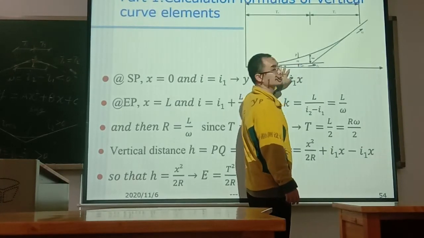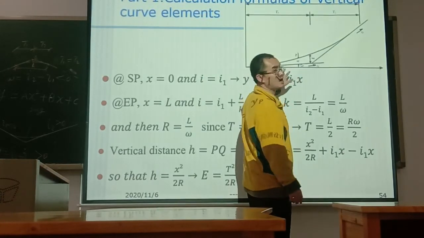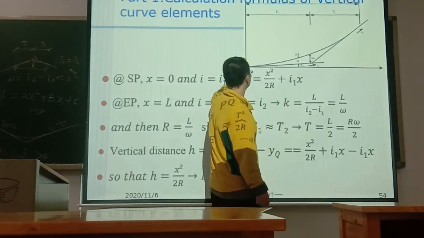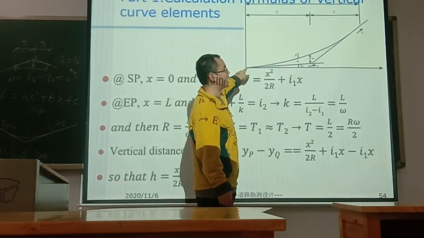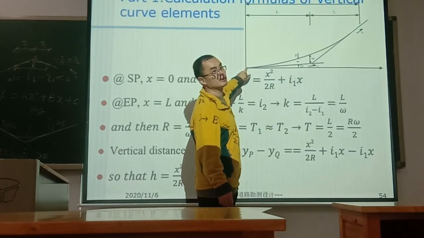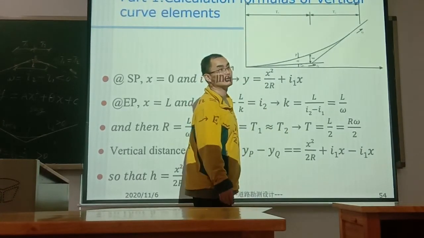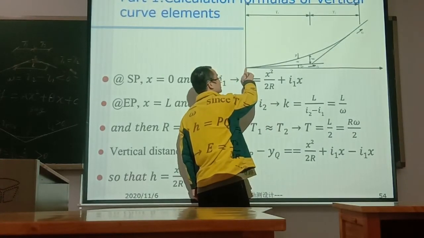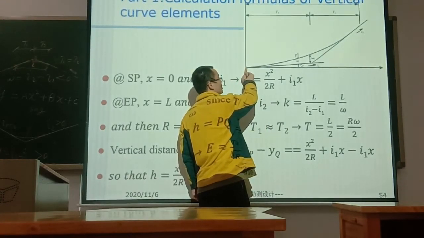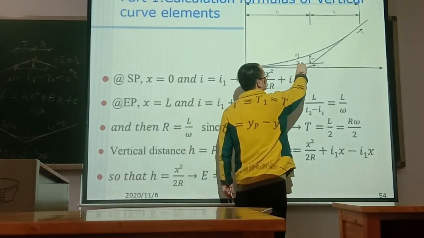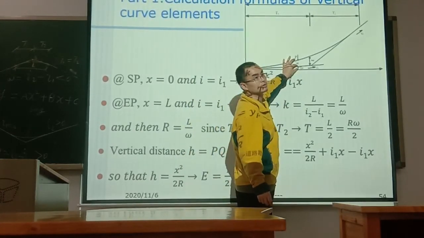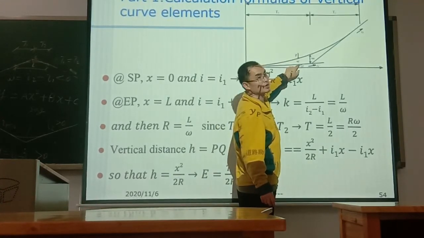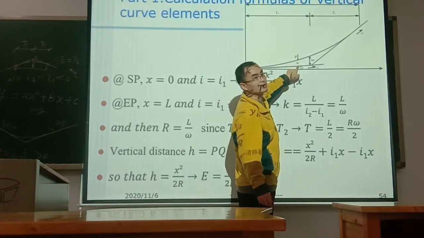Use x multiplied by I1 and plus the elevation of this point. The result is the elevation of this point.